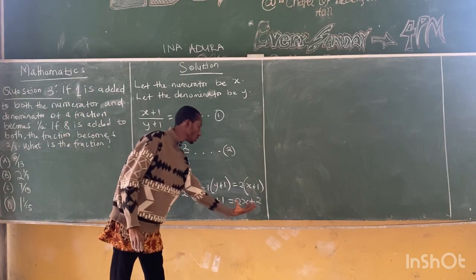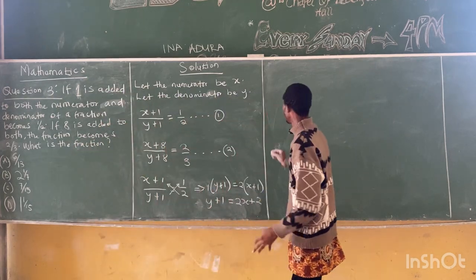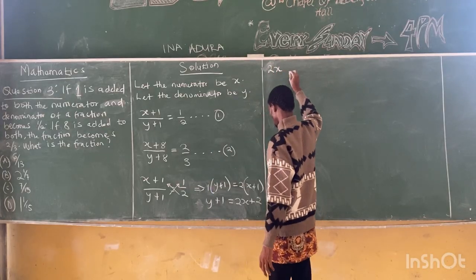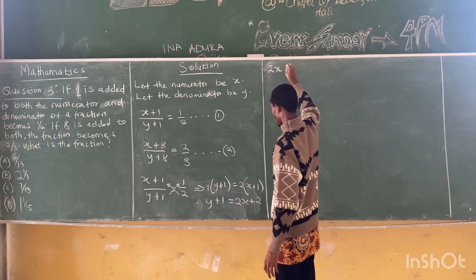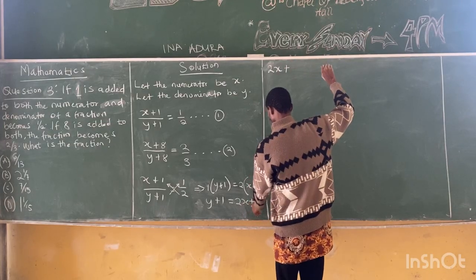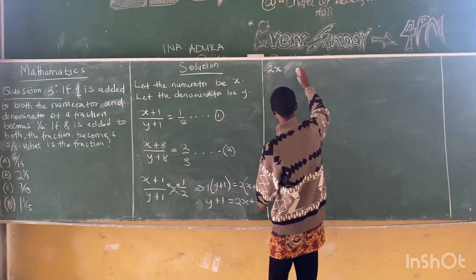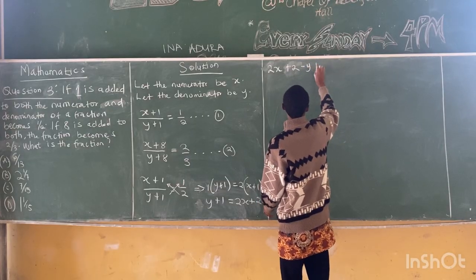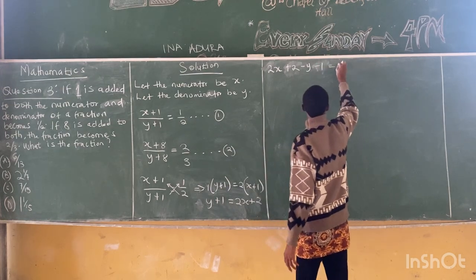Now let's move everything to one side of the equation and equate it to 0. We have 2x plus 2 minus y minus 1 is equal to 0.